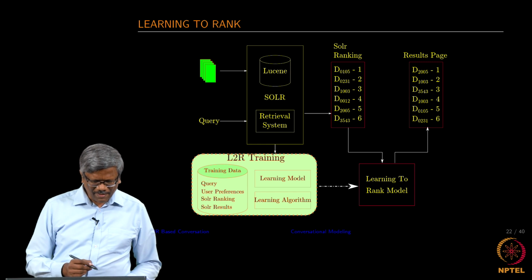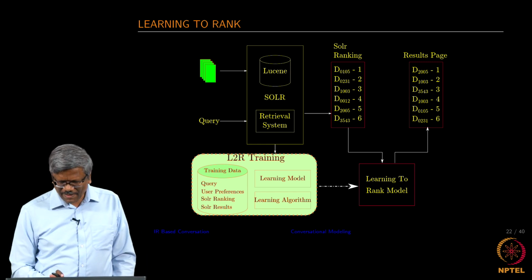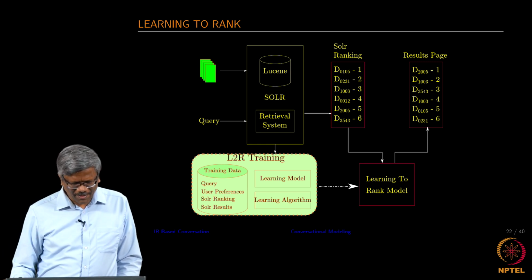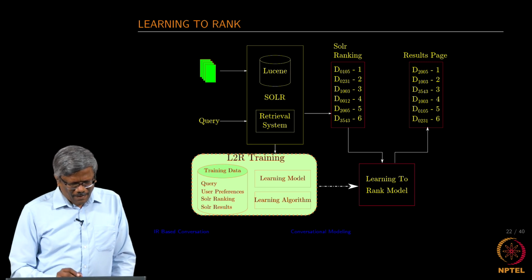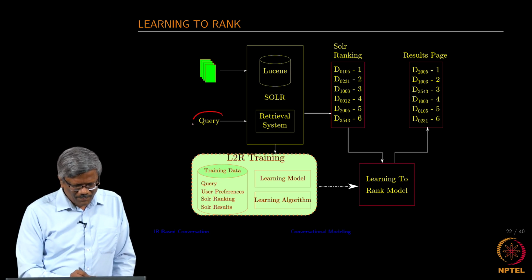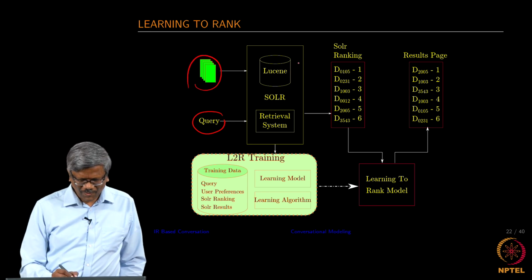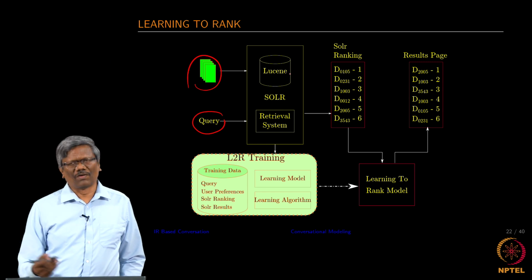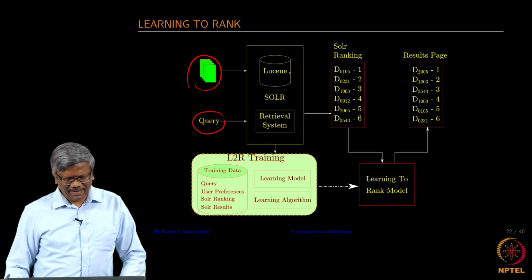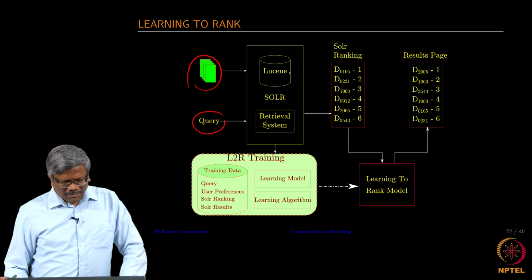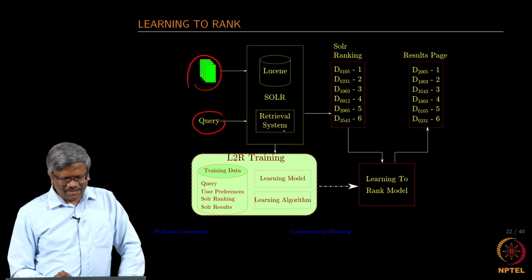I spoke about the learning to rank. This is the very simple architecture of the learning to rank model, where you have the query coming in and you have this set of documents. The documents are indexed using engines called Solr or other indexing engines. And then you have a retrieval system as part of this.